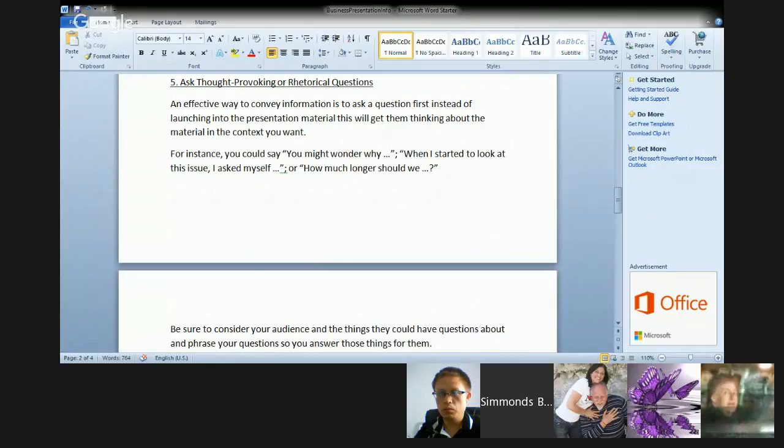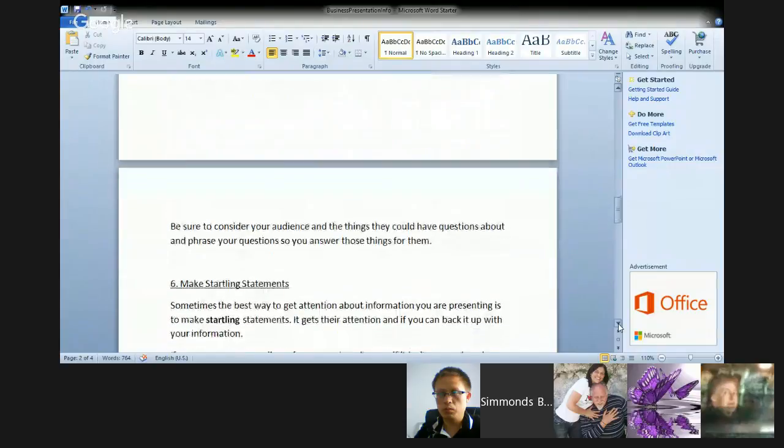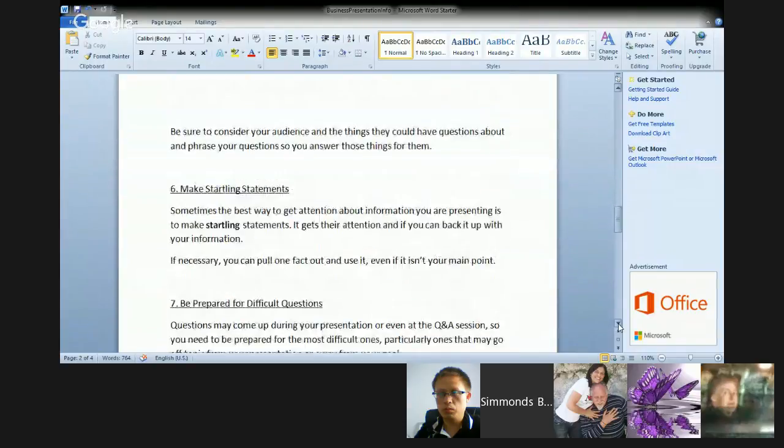This will get them thinking about the material in the context you want. For instance, you could say, "You might wonder why, when I started to look at this issue, I asked myself," or "how much longer should we?" Be sure to consider your audience and the things they could have questions about and phrase your questions so you answer those things for them.